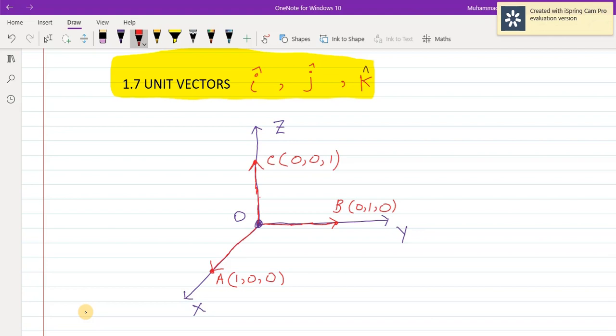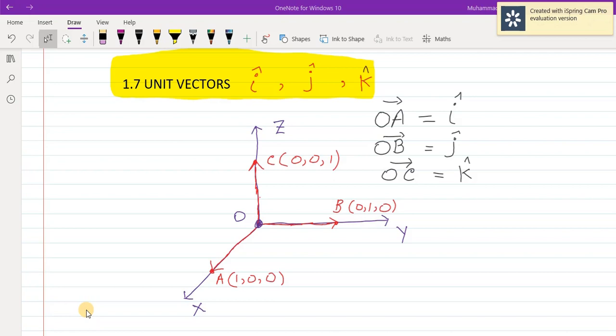For example, vector OA with i unit vector, OB with j unit vector, and OC with k unit vector. Students, we call these i hat, j hat and k hat as unit vector because their magnitude is 1.